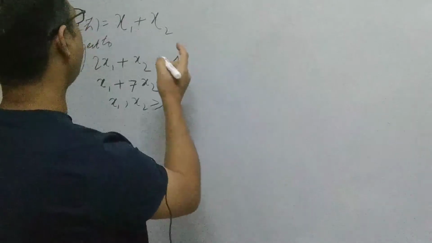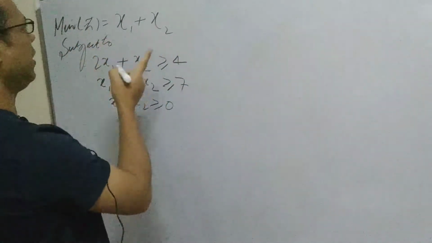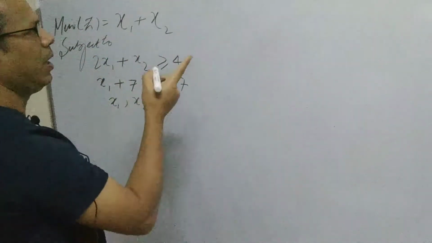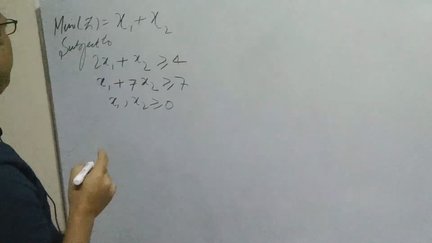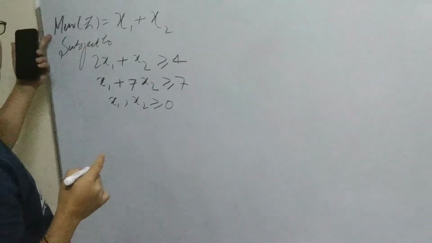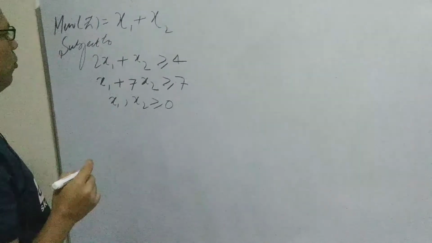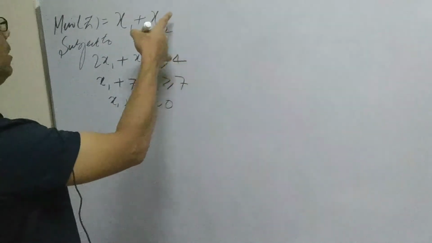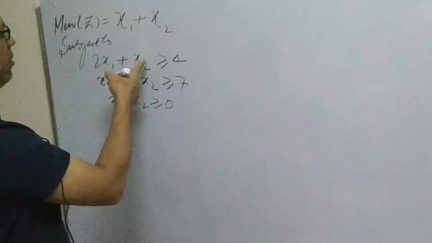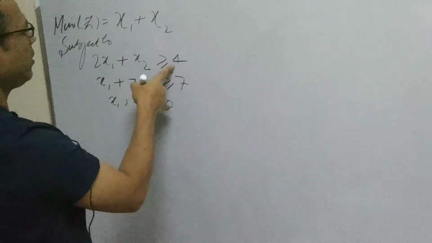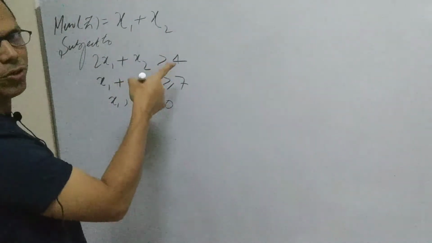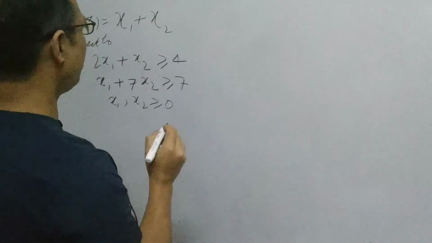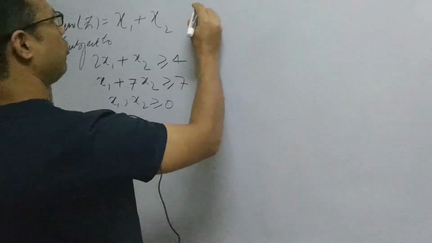First I will write this linear programming problem in maximization form, because the objective function has been given in the form of minimization and there are two constraints. So I will change it into maximization form, and these constraints have been given as inequalities, so we will change them into equations and proceed.